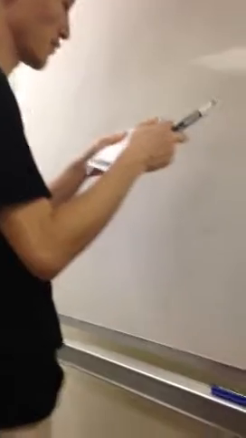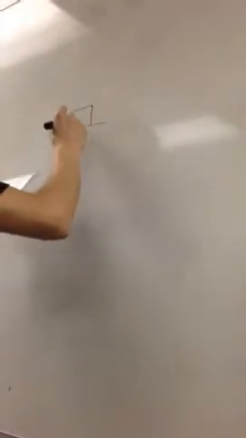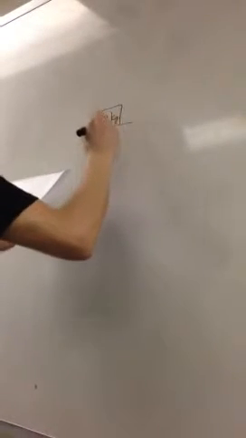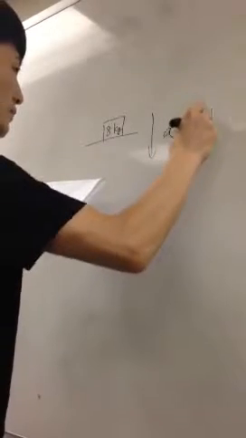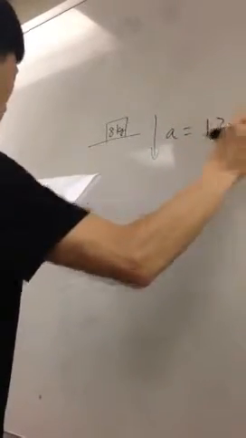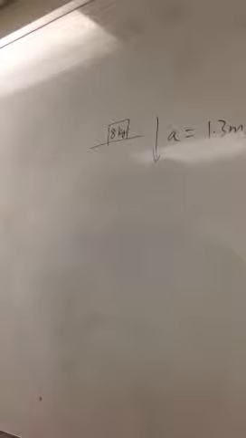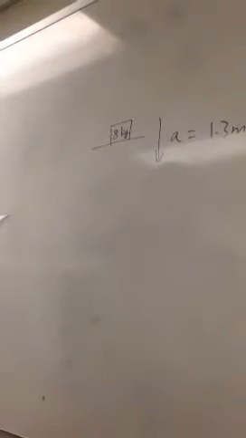Number 12, an 8 kilogram object rests on the floor of an elevator, which is accelerating downward. The acceleration is 1.3. The question is asking you what's the magnitude of the force the object exerts on the floor.